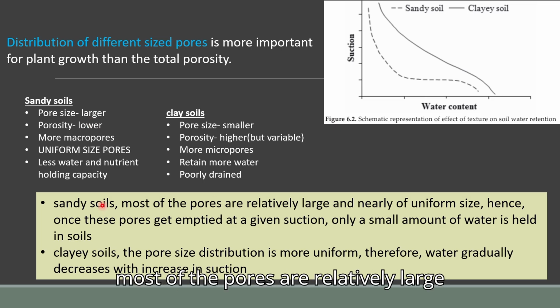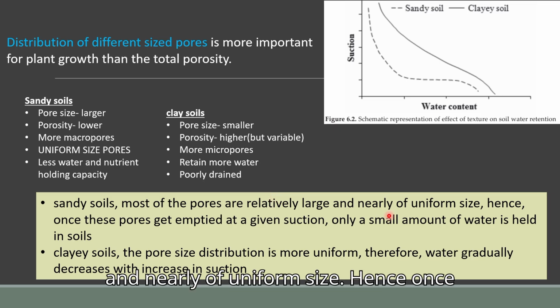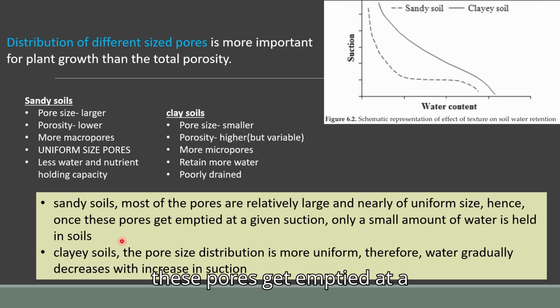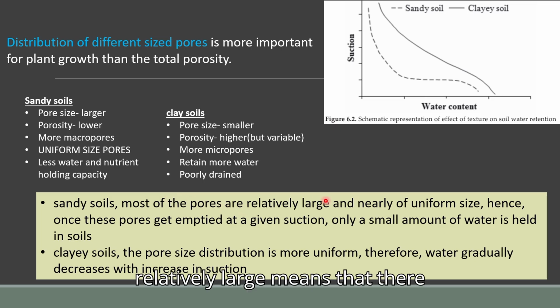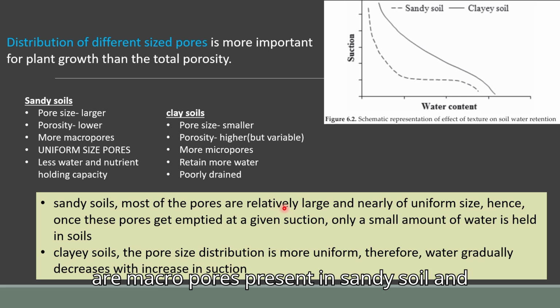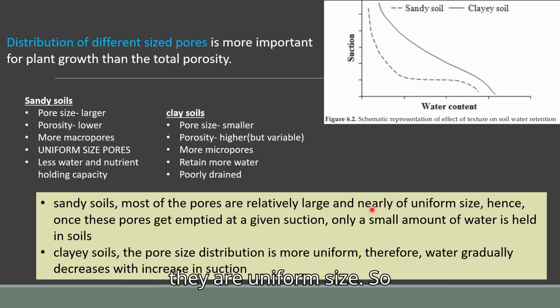And in sandy soil, most of the pores are relatively large and nearly of uniform size. Hence, once these pores get emptied at a given suction, only a small amount of water is held in the soil. Look at this sentence: in sandy soil, most of the pores are relatively large, which means that macropores are present in sandy soil and they are of uniform size.